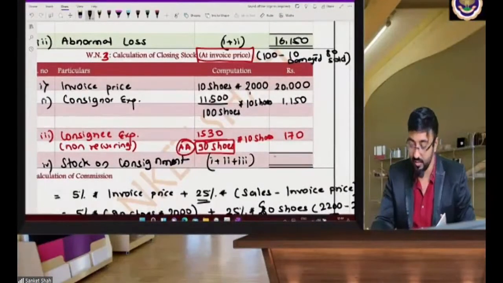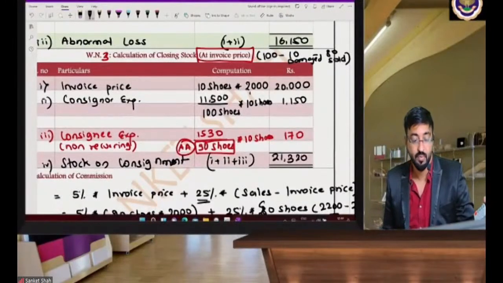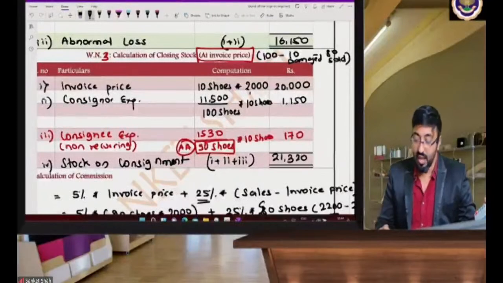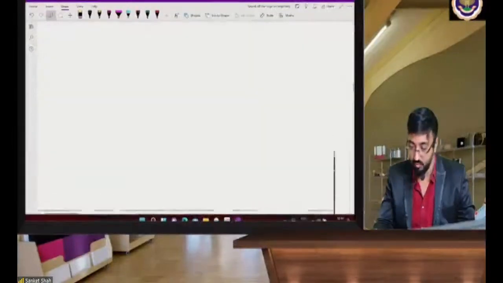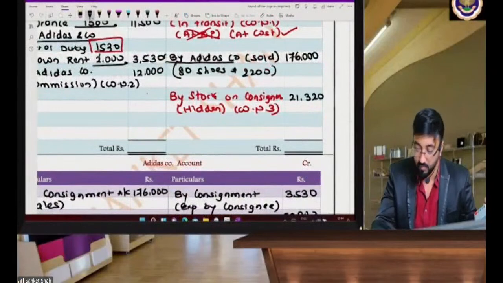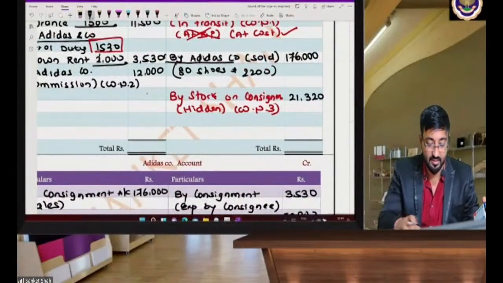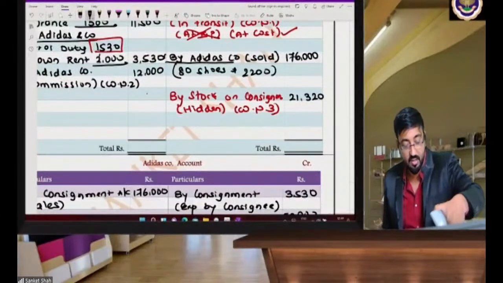What is the answer? 21,320. So now this stock, I will write it as 21,320. Yes beta, very good, Jasprit Kaur, Vanshika, Vidya, Varun.